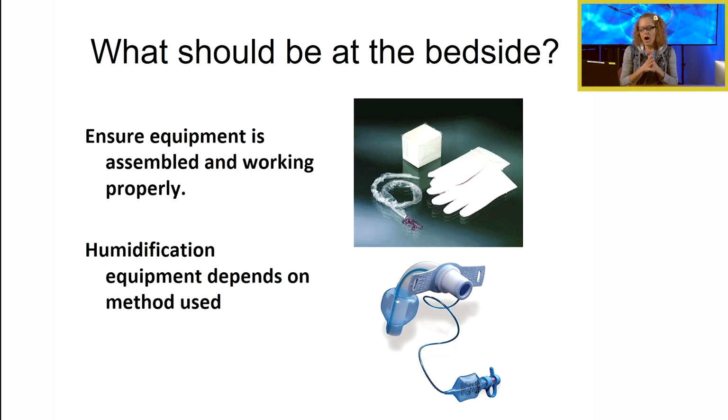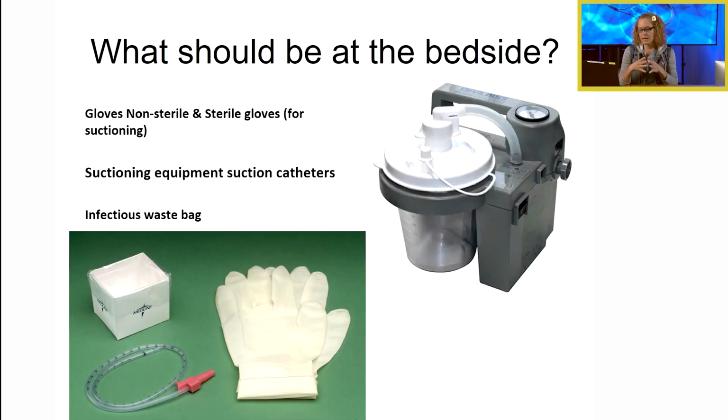We're going to need a trach suctioning kit that is sterile at the bedside. We might need to have humidification equipment at the bedside as well, because sometimes we need to have some moisture there because secretions can tend to become dried out.